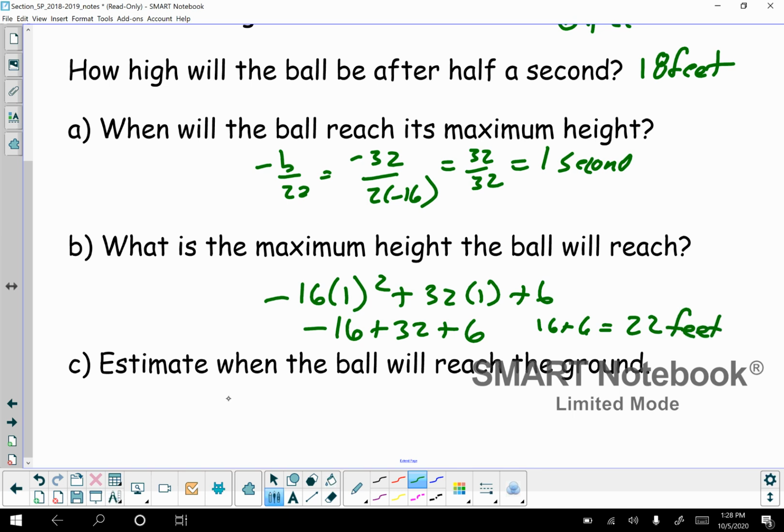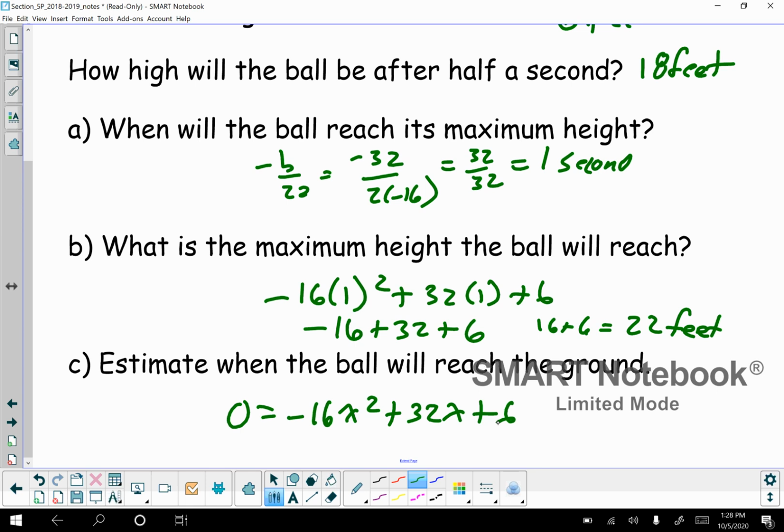And estimate when the ball will hit the ground. So I have 0 equals negative 16x squared plus 32x plus 6. If I graph that on the graphing calculator, we're looking for where it's going to hit the ground.